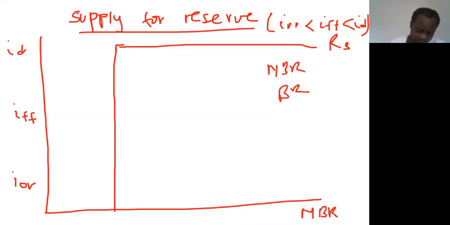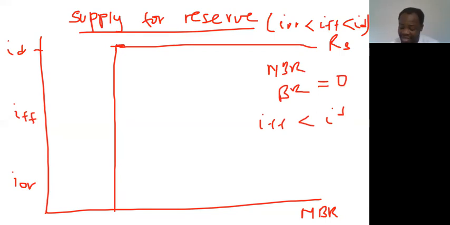Now let's look at the situation whereby the federal fund rate is lesser than the discount rate, that is, any point below the ID. When the federal fund rate is lower than the ID rate, it means the borrowed reserve is going to be 0.